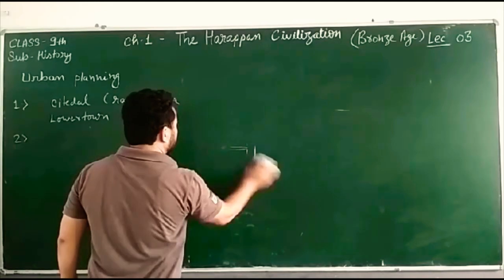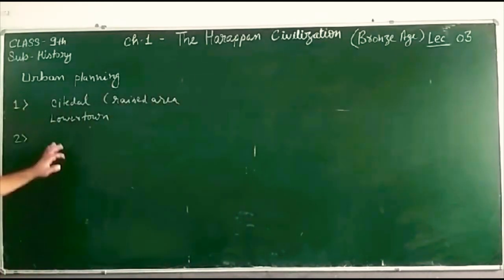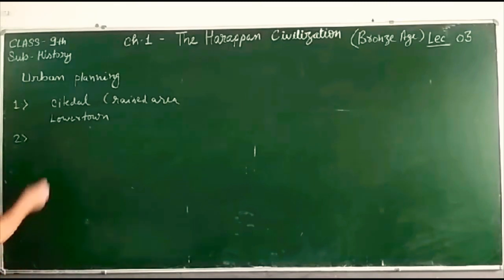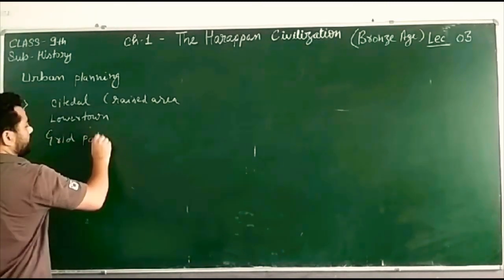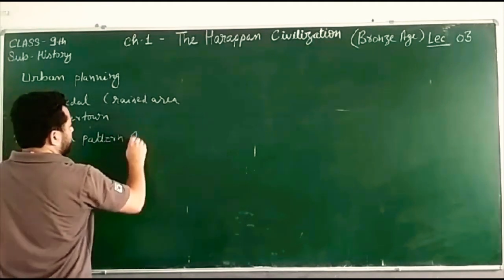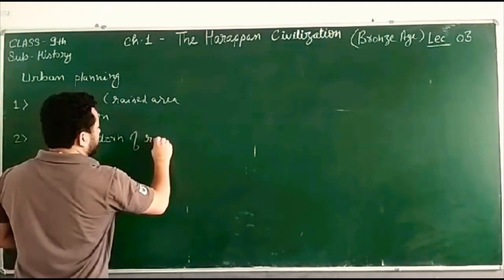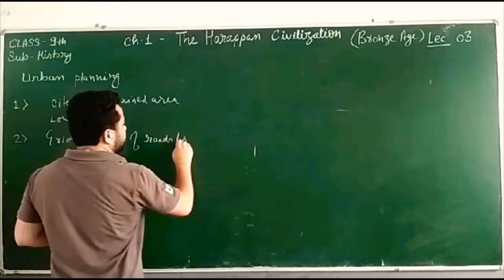So first was the citadel town, second was the grid pattern of roads or streets.